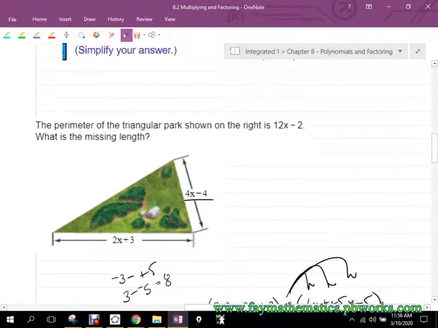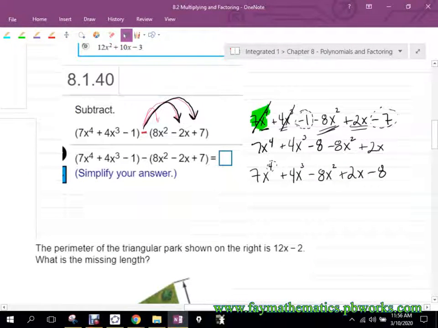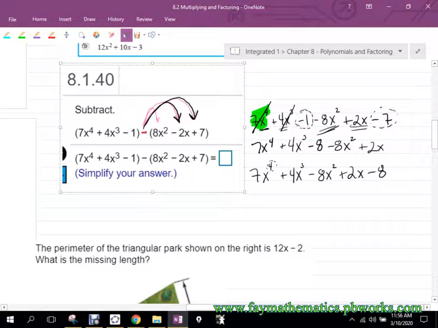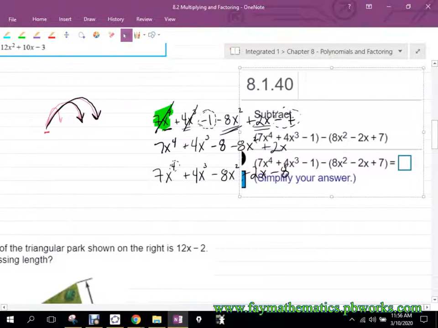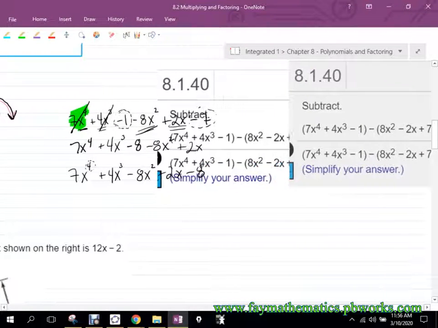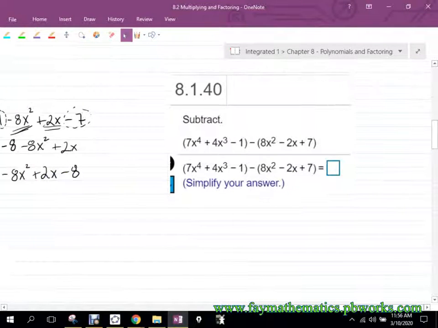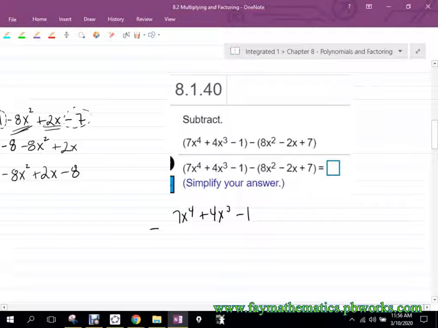One thing that I want to make sure you understand if you do that, so let's come up to this question up here that we just did. If I were to line these up, and this is another reason why I don't like that strategy. If I start lining these up, so let's go 7x to the 4th plus 4x cubed minus 1, okay, and I subtract, are there any x squareds that I would line that 8x squared up with?